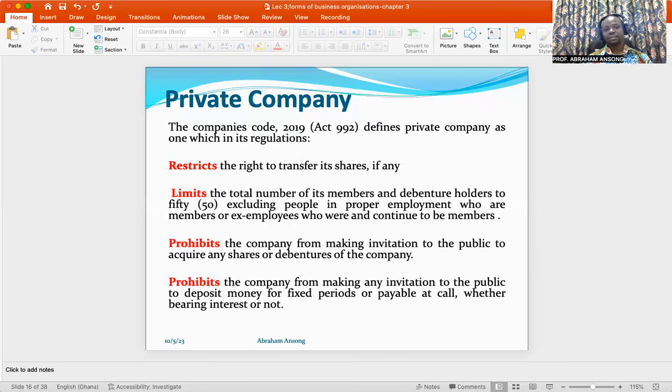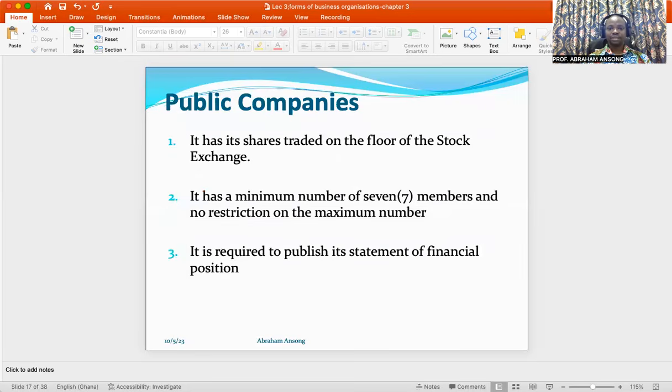But generally, if you're a private company, you are not allowed to invite the public to make deposits, whether you be paying interest or not. Okay, so any company that doesn't have these attributes can be seen or classified as a public company.